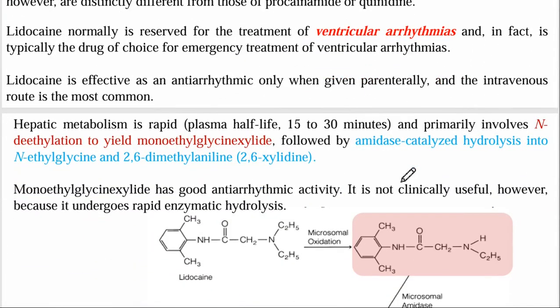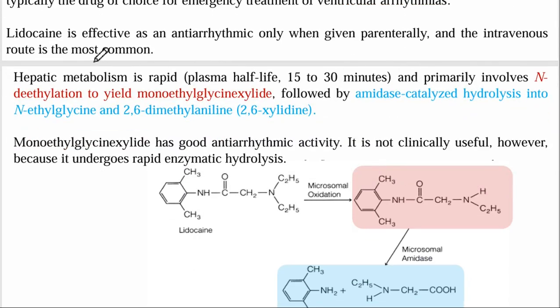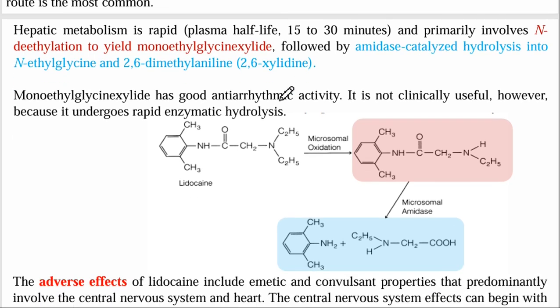Hepatic metabolism is rapid here, with de-ethylation to yield the monoethylglycinexylidide. Now the hepatic metabolism, which occurs in the liver in the case of lidocaine, is very important, where lidocaine is metabolized to give an active metabolite, MEGX, if you remember. MEGX is nothing but monoethylglycinexylidide, which is followed by amidase-catalyzed hydrolysis.